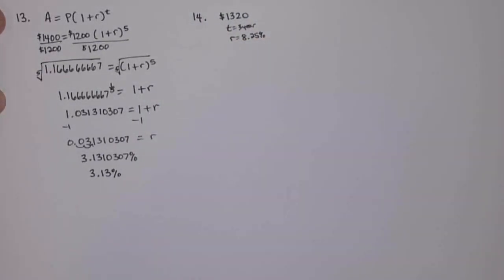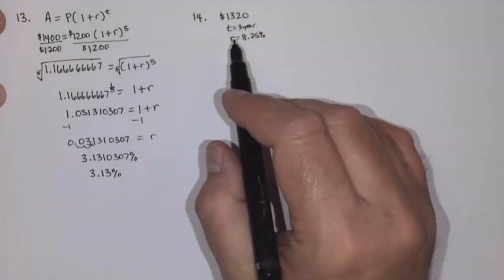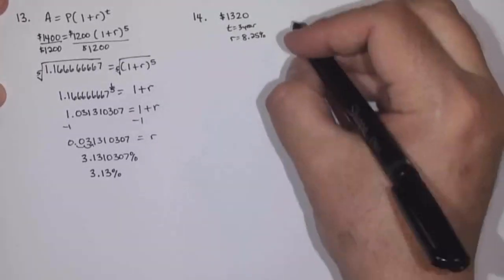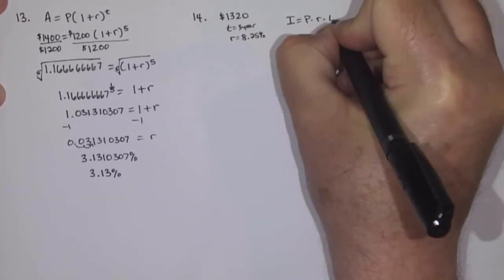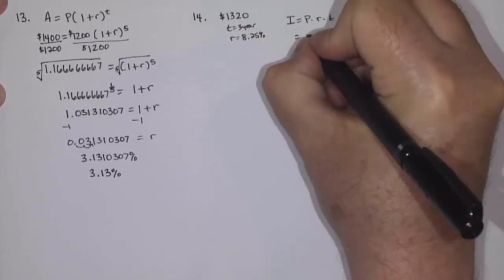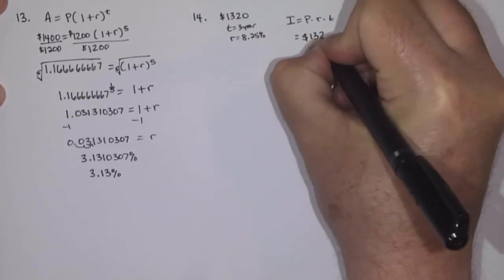So we had 2 questions: how much interest will he pay, and what will his monthly payments be? Well, this is going to be just simple interest. So interest equals principal times rate times time. So his principal is going to be $1,320.